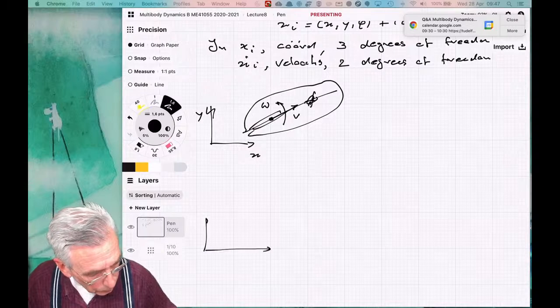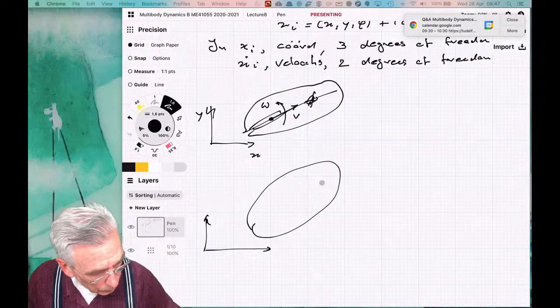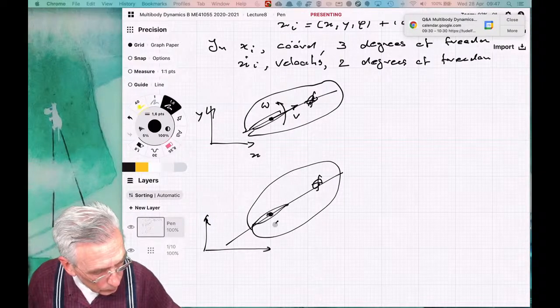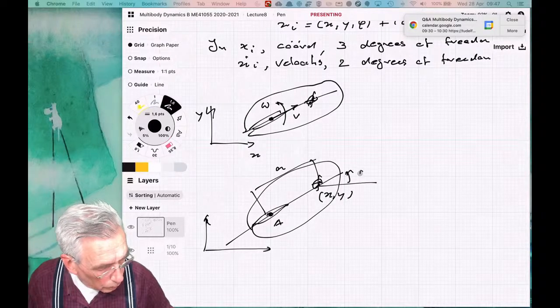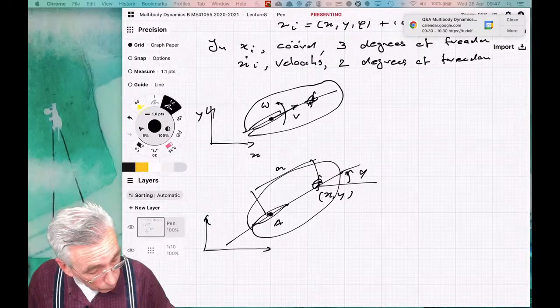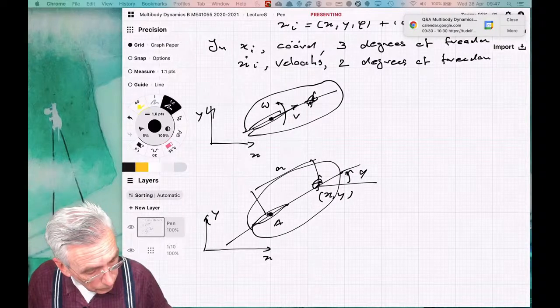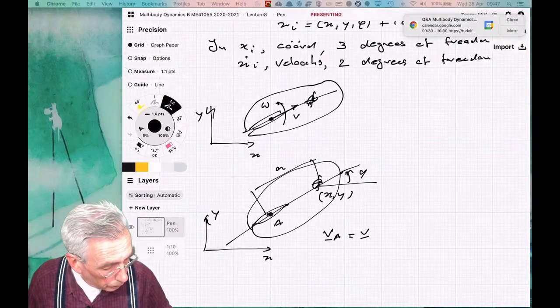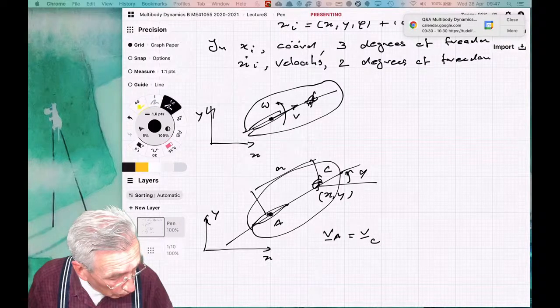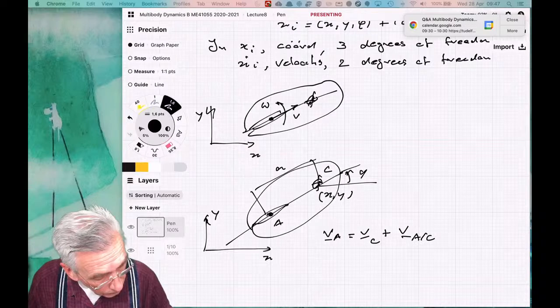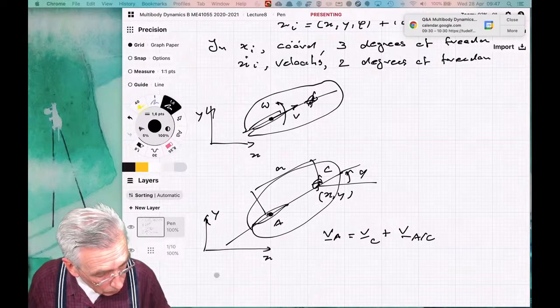So coordinates, we have this body here, center of mass, this line, this point here where the skate is, A, and distance a from the center of mass. Here we have the center of mass with x, y, and of course this angle phi. Then the velocity of A is the velocity of point C, which is the center of mass, plus the relative velocity of A with respect to C. In this case, it's super simple.